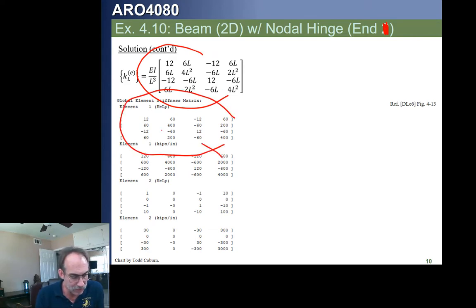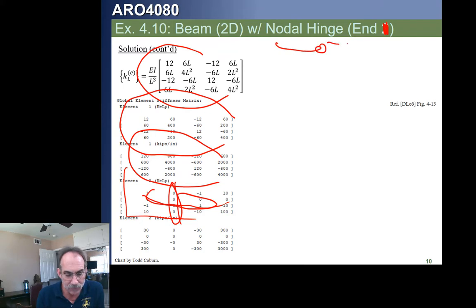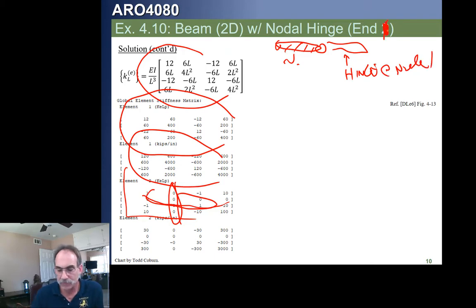There's our partial matrix and our full matrix, and now you'll see in element 2 we modeled the hinge here. You see that? So it's the first node of element 2. This means this element is normal, and this element has the hinge at node 1. Note the typo here in my video slide.